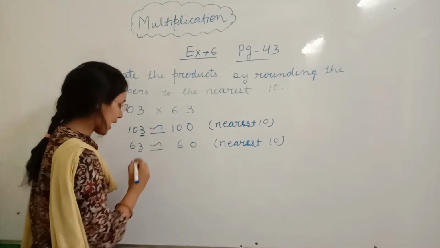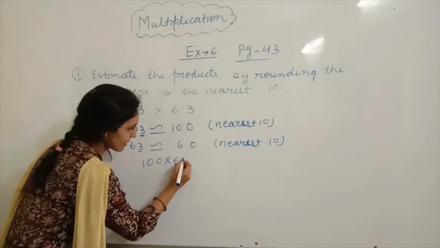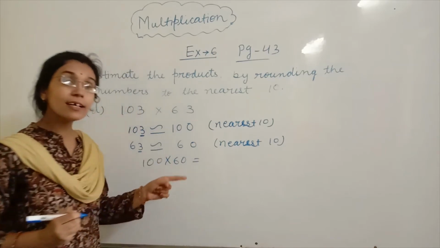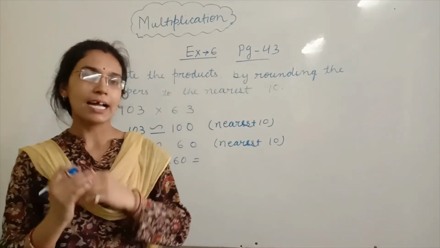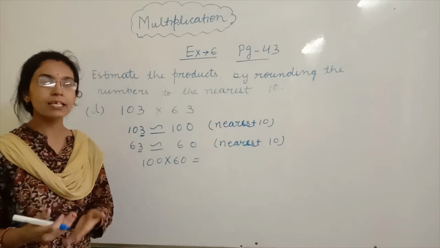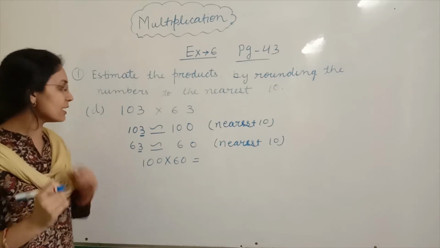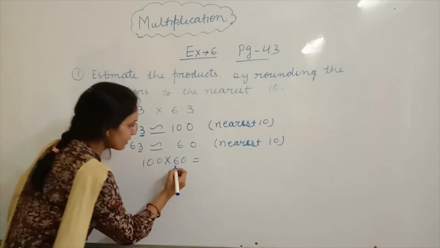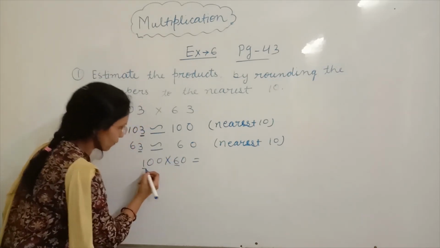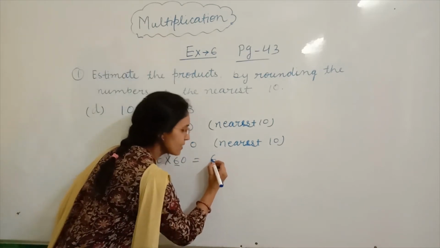Now we multiply 100 and 60. Whenever we multiply any number by 10, 100 or 1000, we don't multiply the entire number. We see the first numbers, like over here 6 and over here 1. 6 and 1 will multiply. It will be 6.